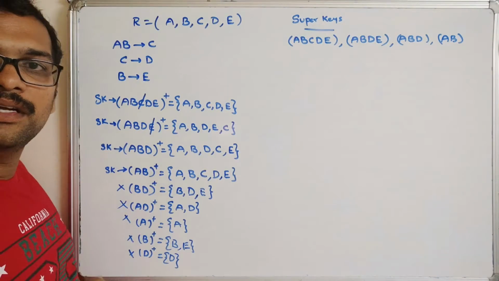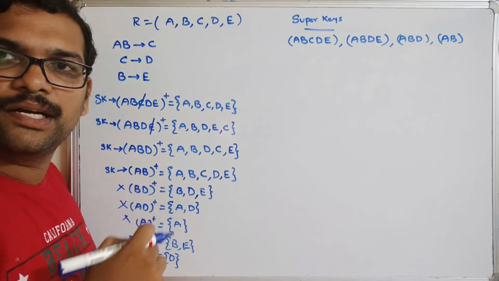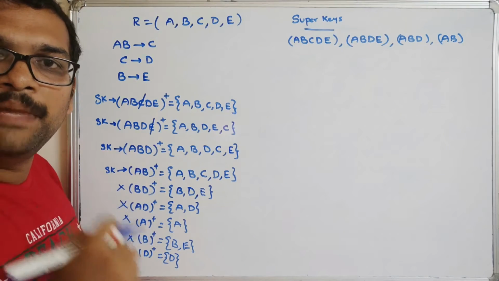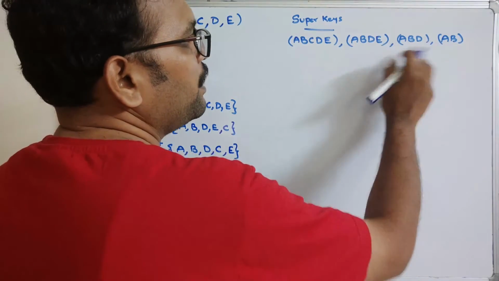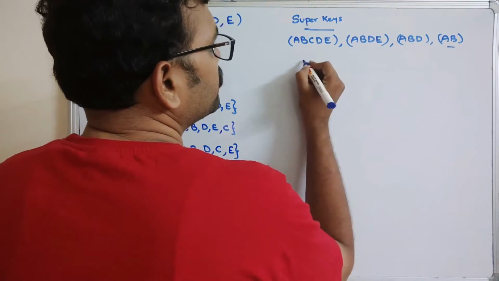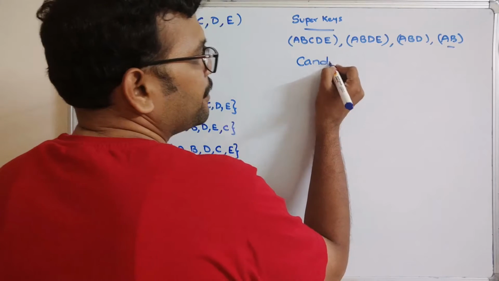These are the super keys. So candidate key means we have studied that candidate key is nothing but a minimal set of super key. It's a minimal set of super key. So what is the minimal set of this super key? AB.